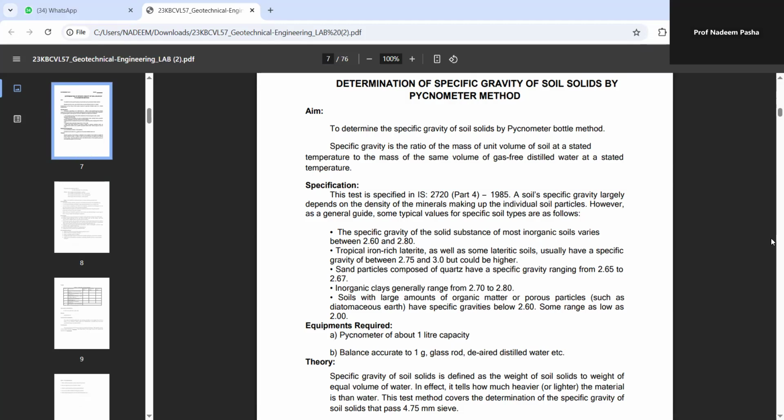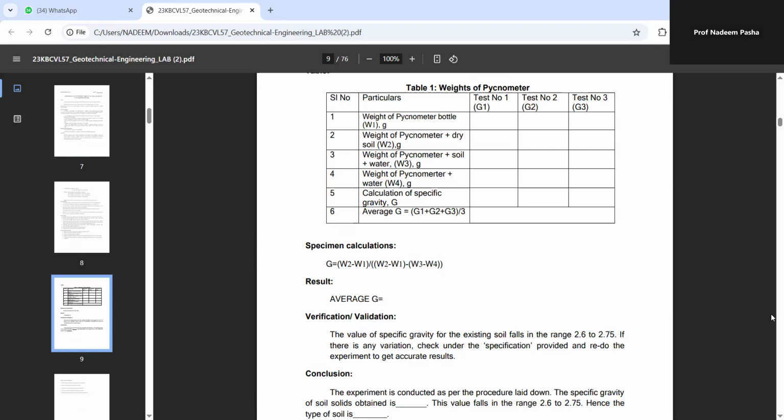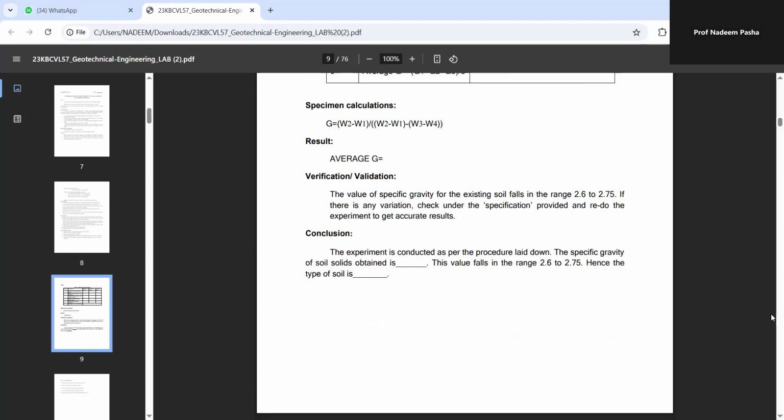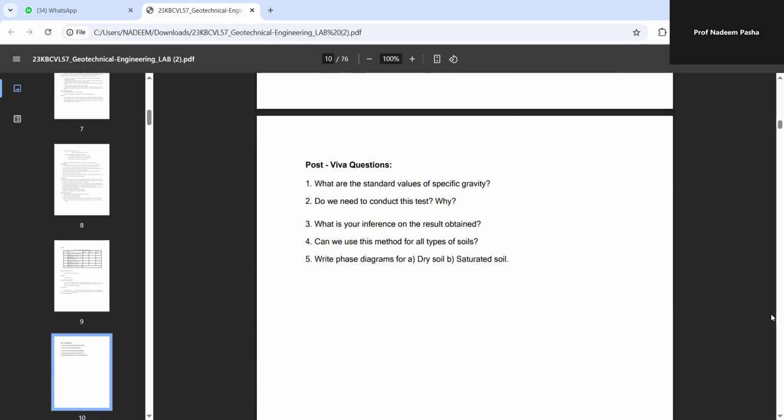So these standard values you have to remember. If it is somewhat confusing, you can remember that the specific gravity value ranges from 2.6 to 2.7 in most of the cases. Do we need to conduct this test? Yes, we need to conduct this test. The reason being different types of soils have different specific gravity, and depending upon the specific gravity, you can classify them.